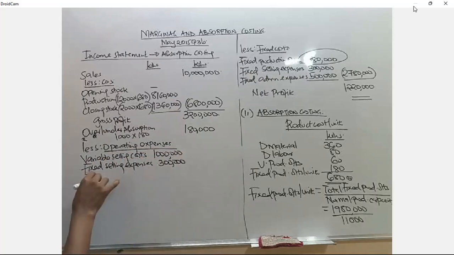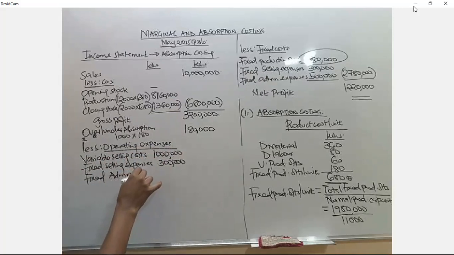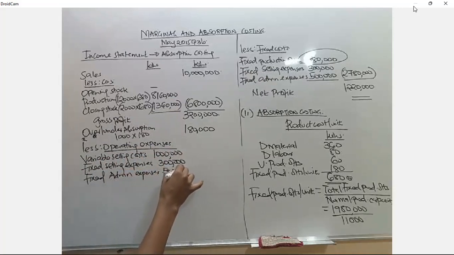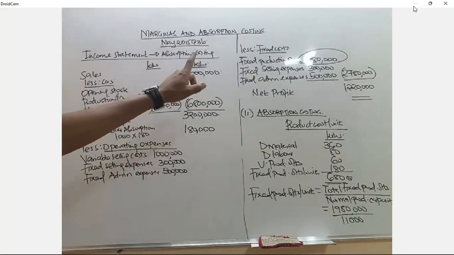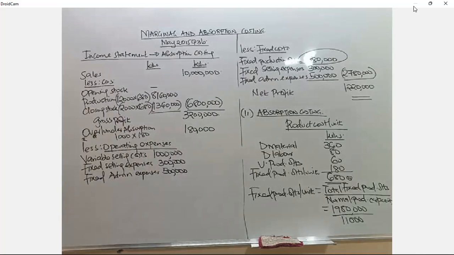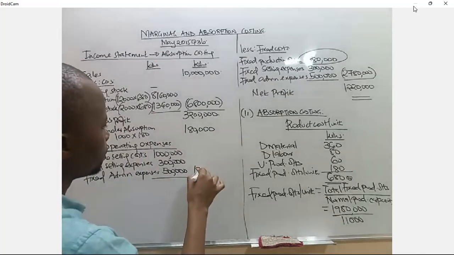Then we have fixed admin expenses coming to 500,000. So the difference with the one for the marginal is the fixed production overhead, so now we are supposed to be treating it. So this comes to 1.8 million.